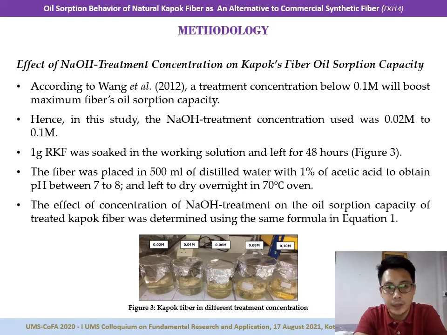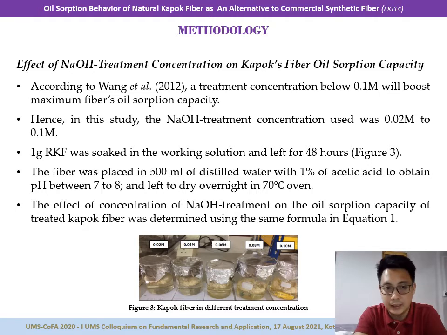The second experiment in this study is the effect of NaOH treatment concentration on kapok fiber oil sorption capacity. According to a previous study by Wong et al. in 2012, a treatment concentration below 0.1 molar will boost the fiber's maximum oil sorption capacity.